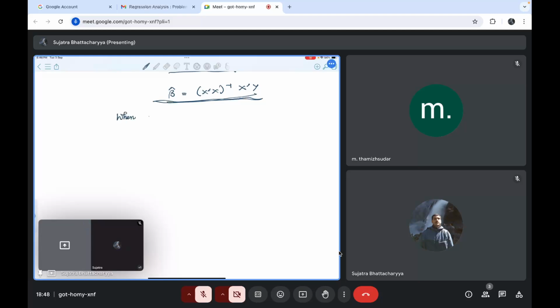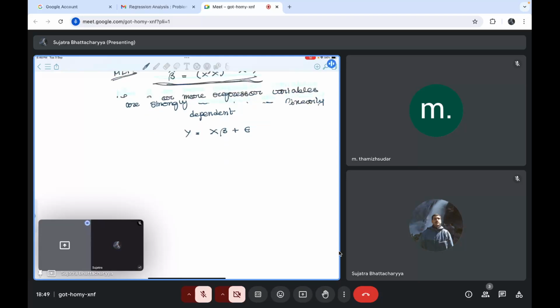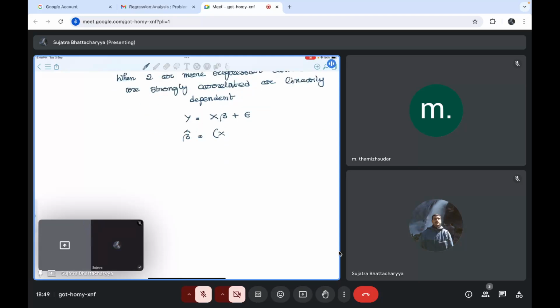In MLR, the multiple linear regression model, when two or more regressor variables are strongly correlated or linearly dependent, the thing which arises is that in y equals X beta plus epsilon, this beta hat, X prime X inverse X prime y, does not exist.